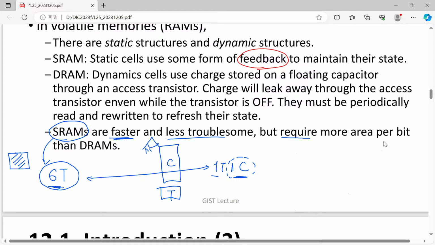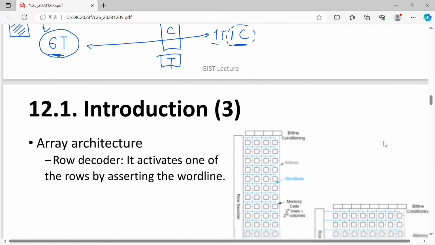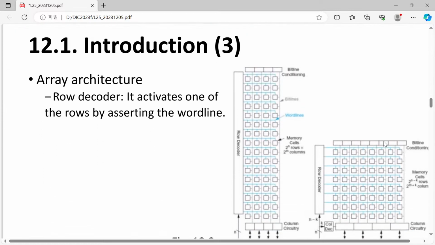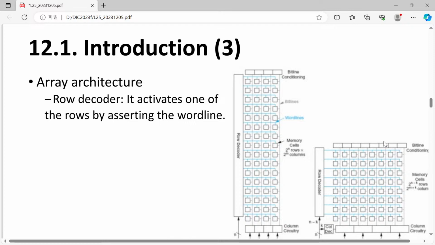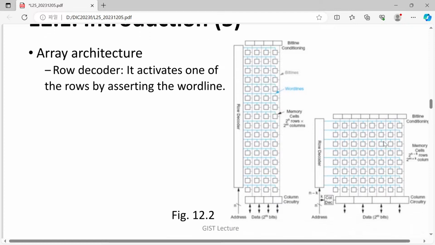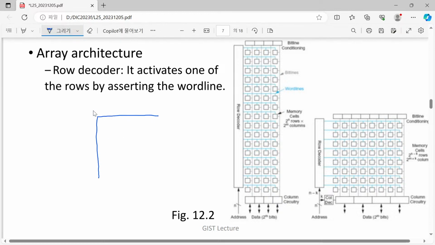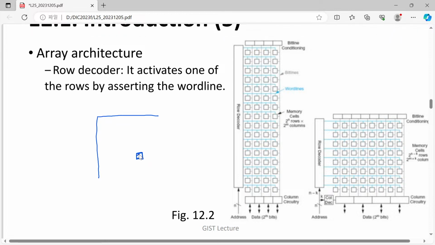So now let's go this way. This is memory architecture. Memory architecture means that usually we have this kind of two-dimensional array. And we use two different numbers to access certain information stored in one cell.